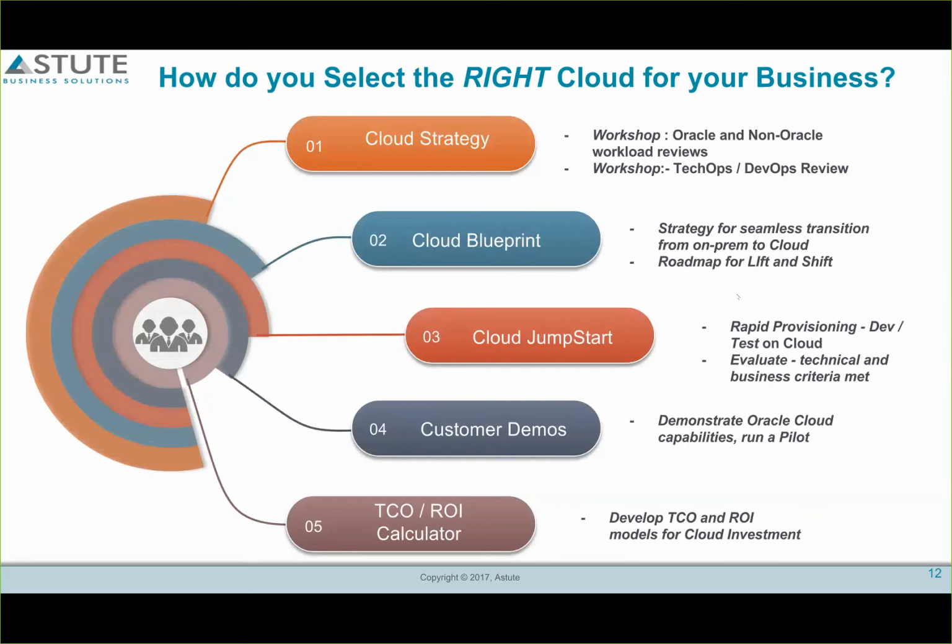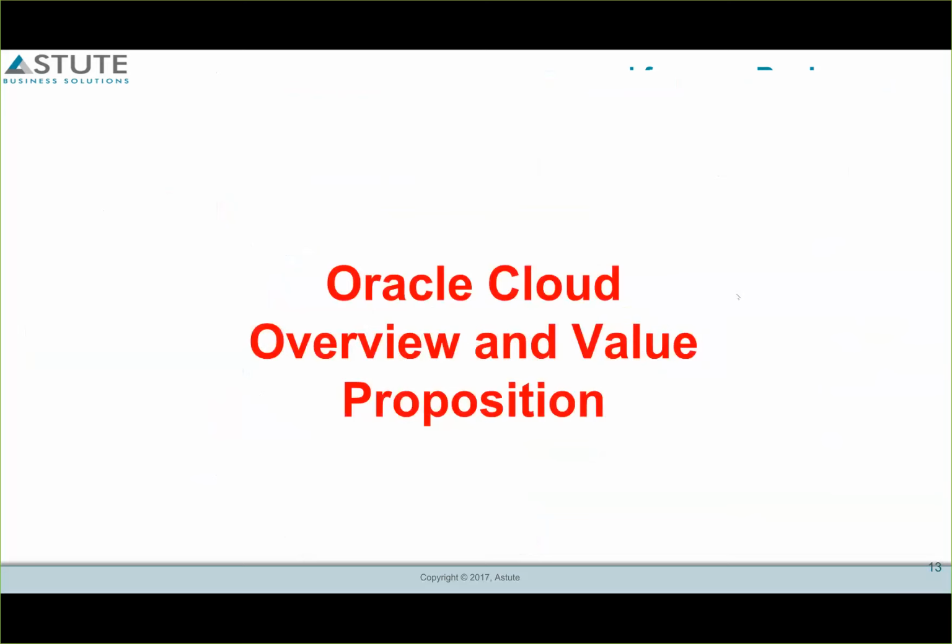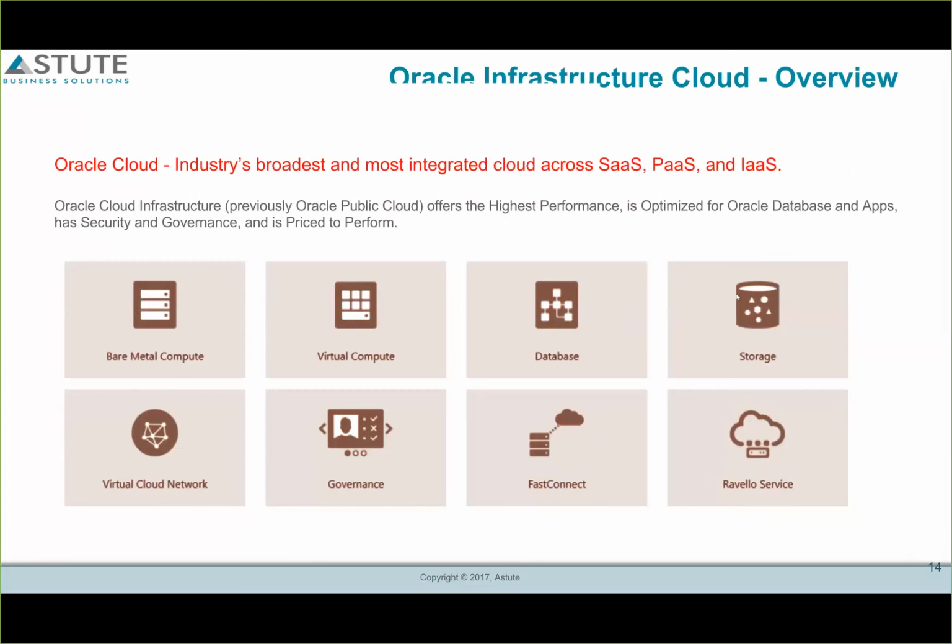Moving on, let's take a quick look at what Oracle Cloud is and what value proposition it brings to the table. So we're going to speak specifically, as I said earlier on in the presentation, about Oracle Infrastructure Cloud. Oracle Cloud overall, infrastructure, platform, and software as a service combined, offers the industry's broadest and most integrated set of cloud services today for customers to consume.